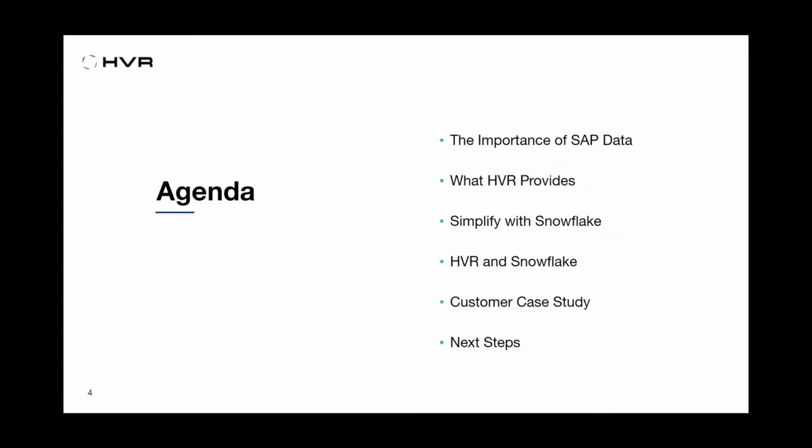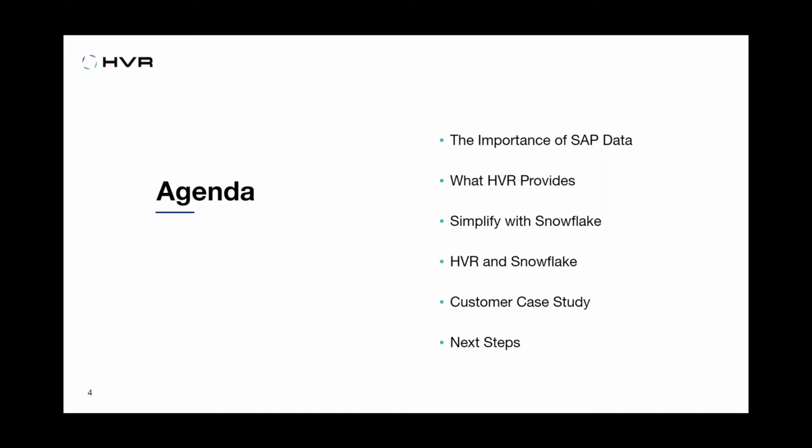So let's jump right in. Quick agenda. We'll try not to slide you guys to death. So we're going to first jump in, and everybody probably knows the importance of SAP data. We're just going to reiterate what is out there in the SAP world. And then we'll talk a little bit about what HVR provides. I imagine a lot of you don't know who HVR is, so I'm really excited to talk to you about us.